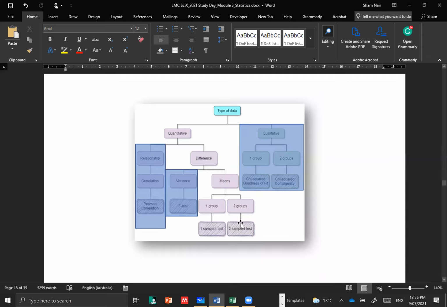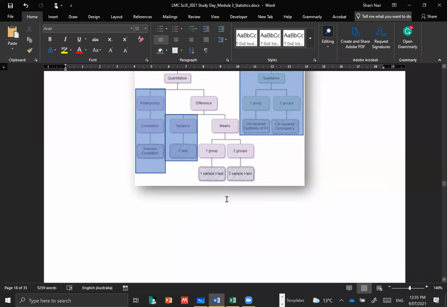In our example, we've got two data sets, so we'll do a two sample t-test. Okay, so step by step, by asking a series of questions about the type of data that we're working with, you can use this flowchart to determine the type of test that you can use.